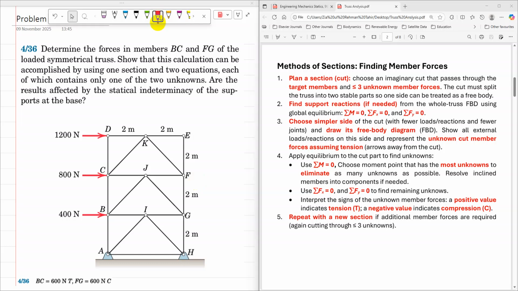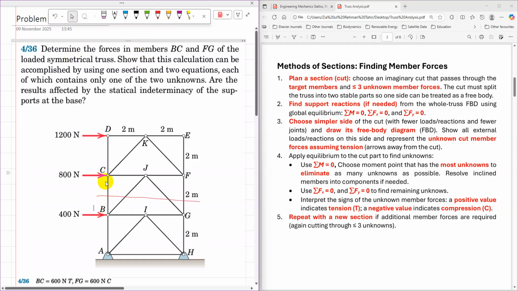The first possibility, straight away, is a section passing through here. The target members are BC and FG. Passing a cut there divides the truss into two sections, and the upper part has two forces only. So it is possible to solve that statically indeterminate truss using the method of sections.